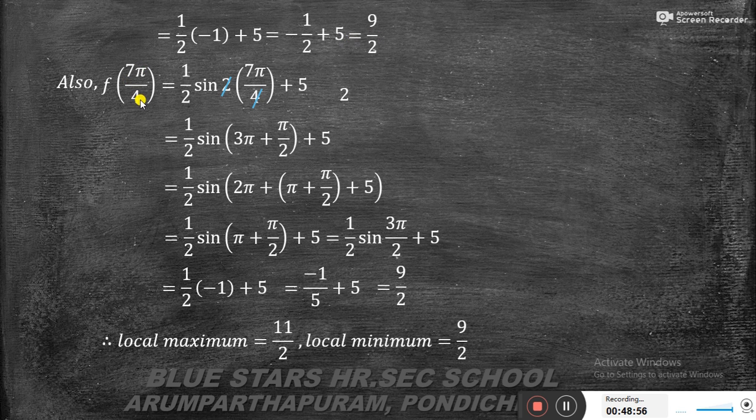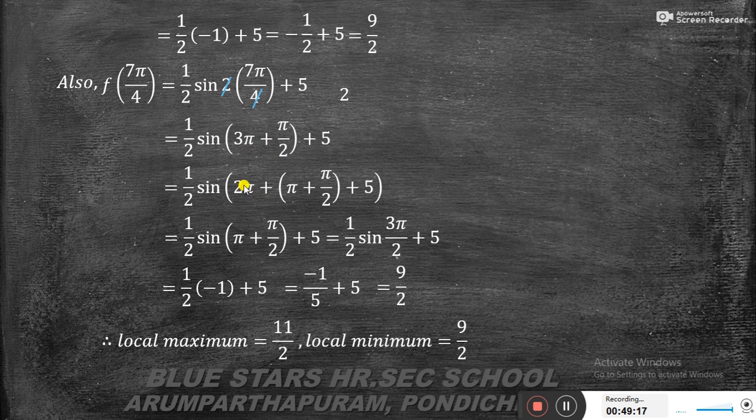Therefore f of 7 pi by 4 is 1 by 2 sine 2 into 7 pi by 4 plus 5, which is 1 by 2 sine 7 pi by 2 plus 5. Now 7 pi by 2 I write as 3 pi plus pi by 2, and 3 pi again as 2 pi plus pi.